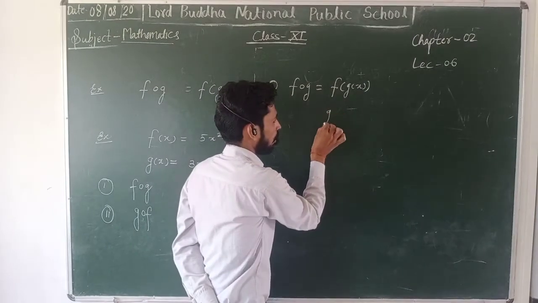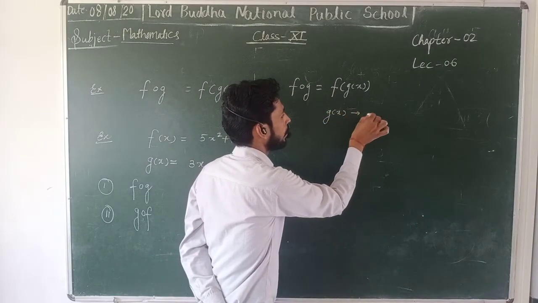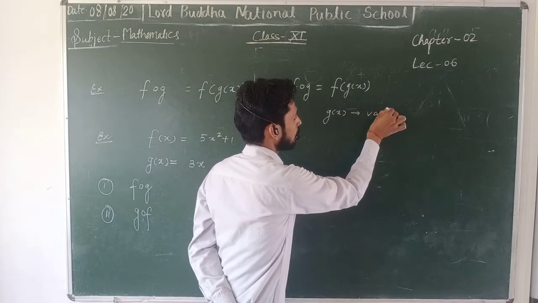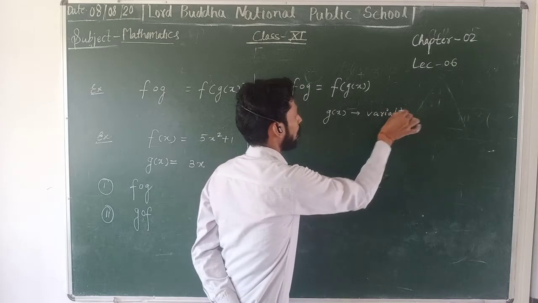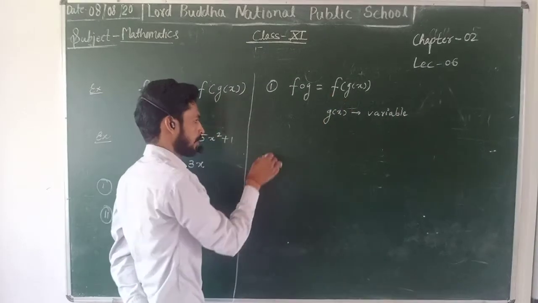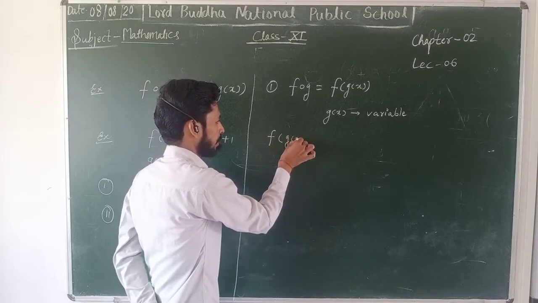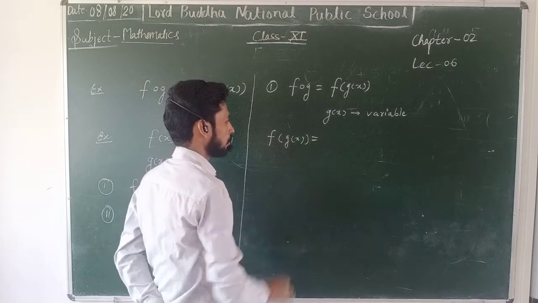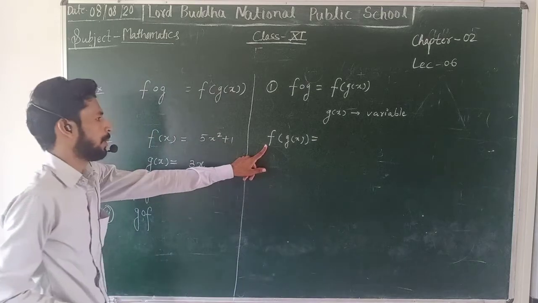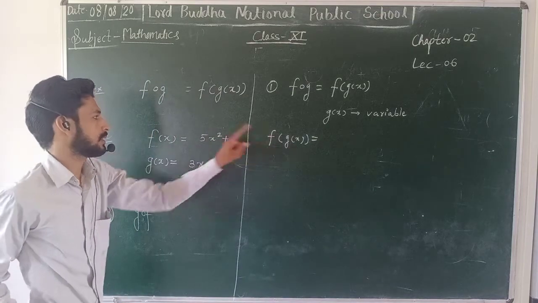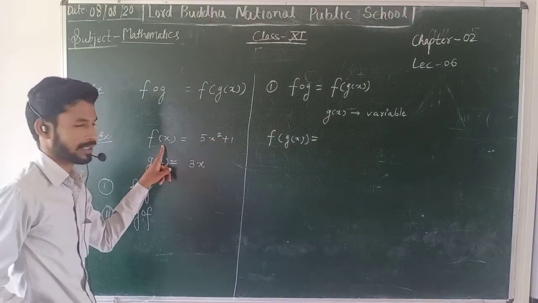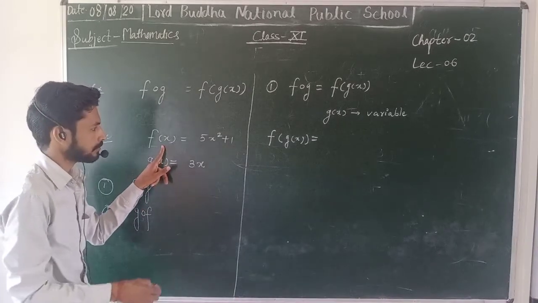So g of x is the variable for the function f. So f of g of x is equal to, now put the value of g of x in place of x in function f of x.